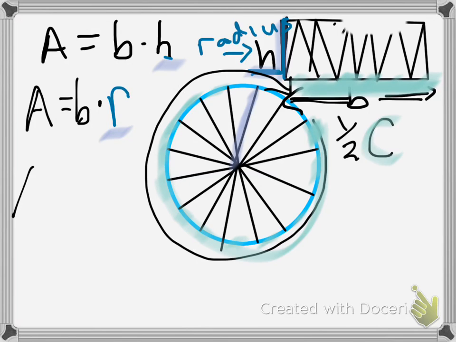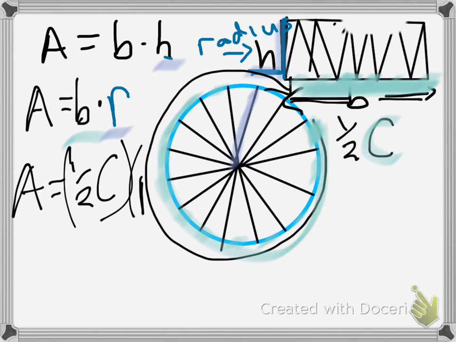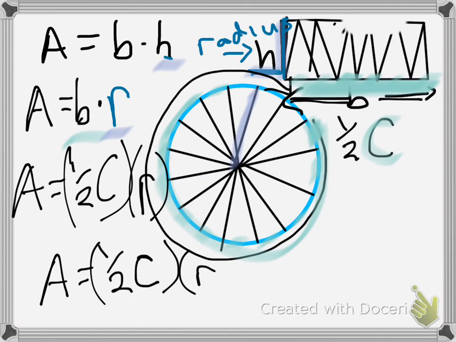So when I write my area formula for a circle, it's area equals, and in place of my base, I'm going to put 1/2 C times r. So the area of a circle is 1/2 C times r. And we know that circumference equals 2 pi r.